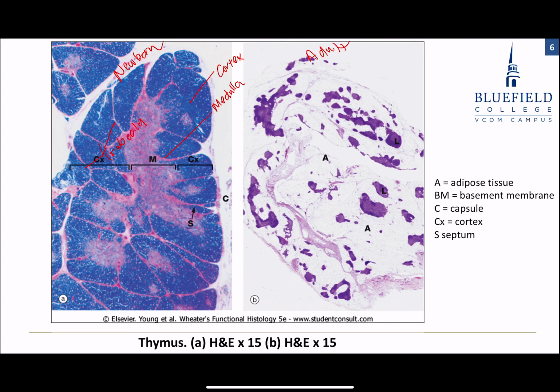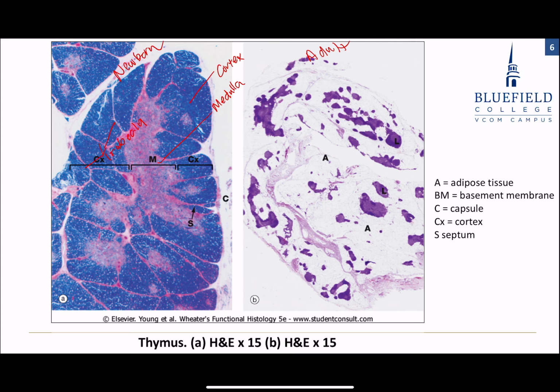There will also be macrophages in here that remove T cells that aren't needed or wanted, some of which might be responding to self-antigens, which we don't want, of course. They're not as numerous within the medulla, and that's why it doesn't stain so darkly.